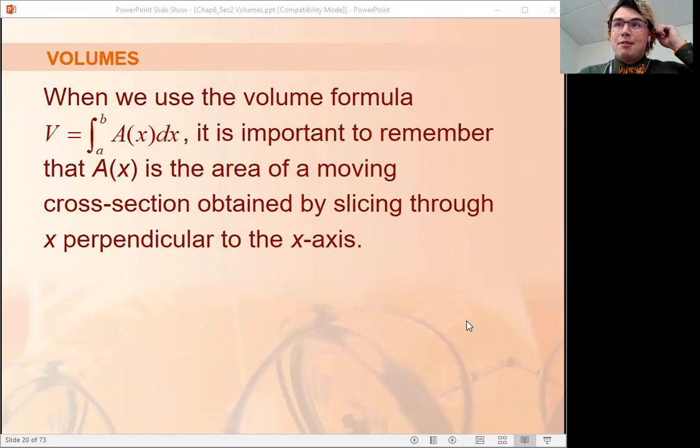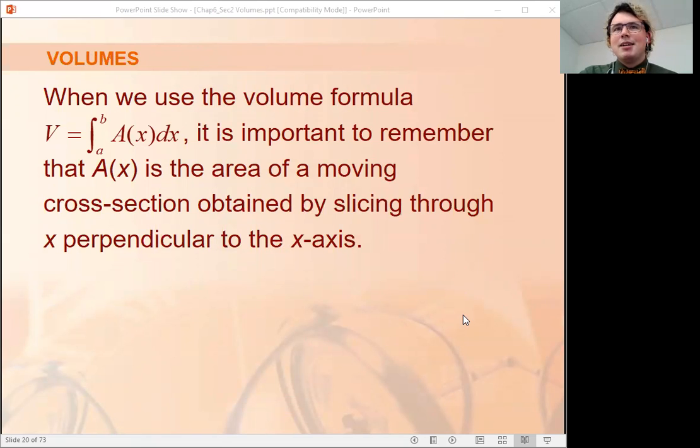So this is the volume formula that we will be using again and again and again: the volume of this region from a to b is the integral from a to b of the function A of x, dx.